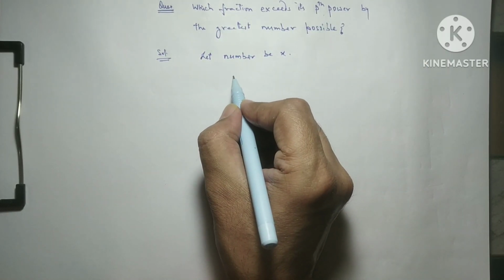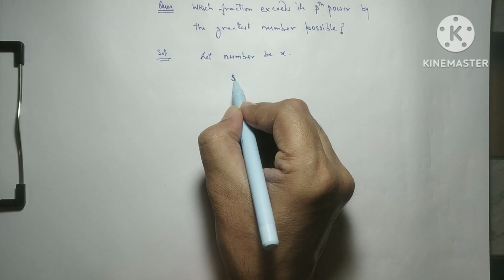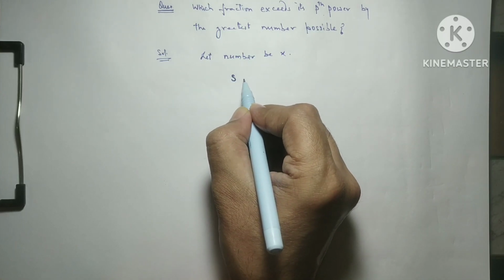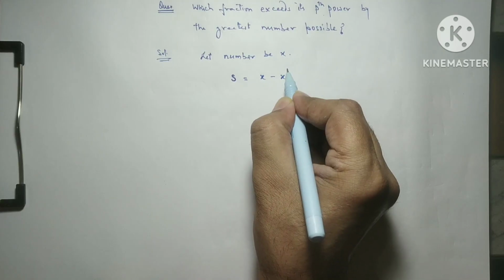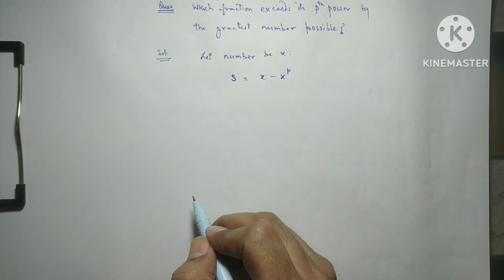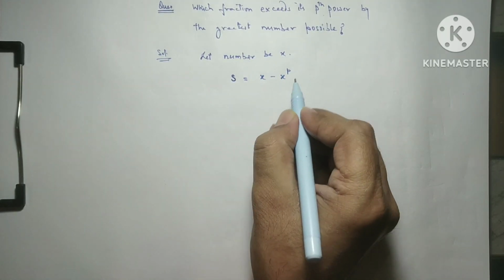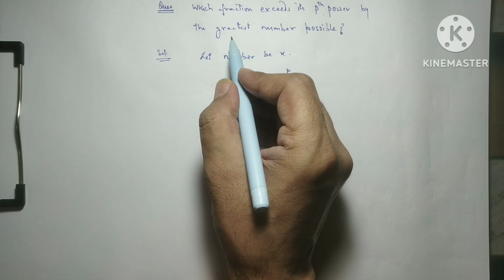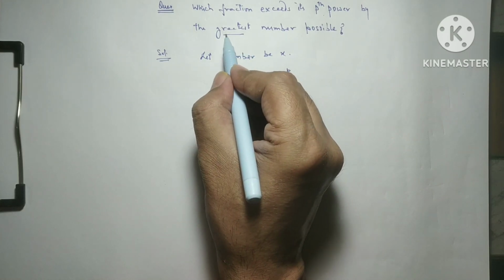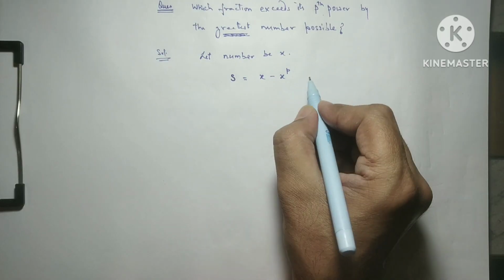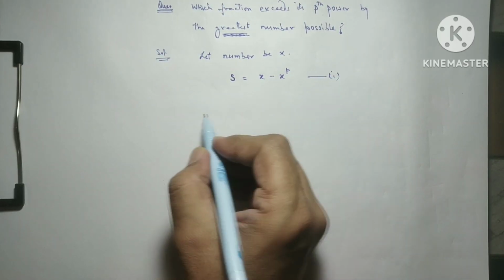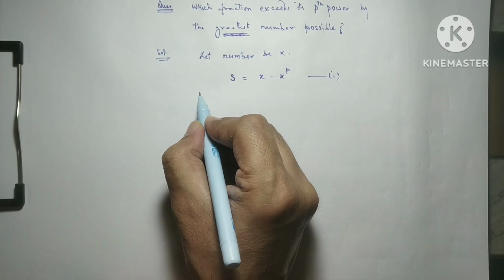So let us consider the subtraction, or you can say excess. So it is x minus x to the power p. This is the required expression which we want to show is greatest. So we use the second derivative test.